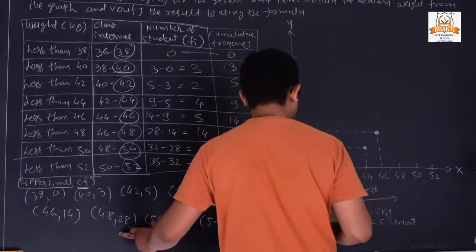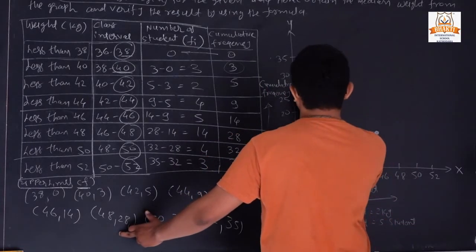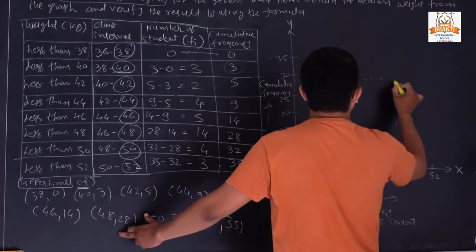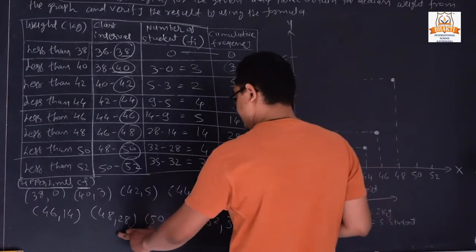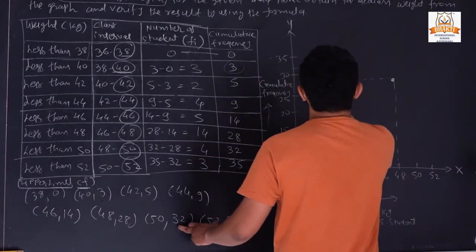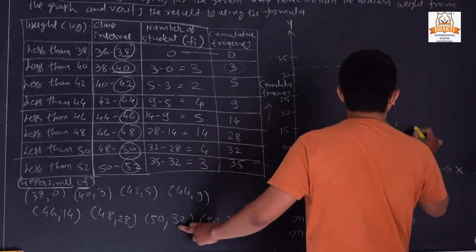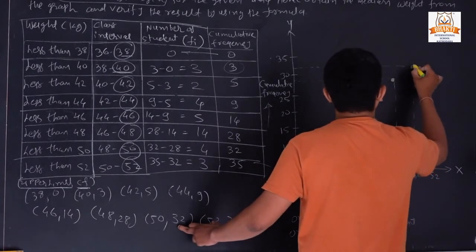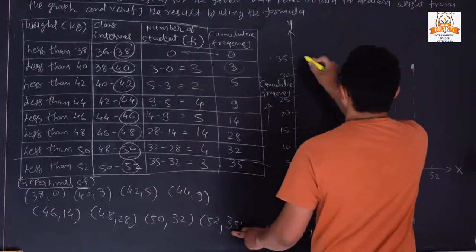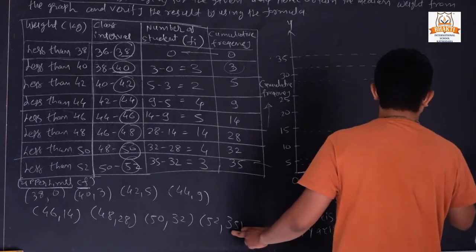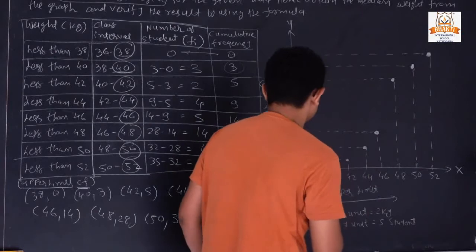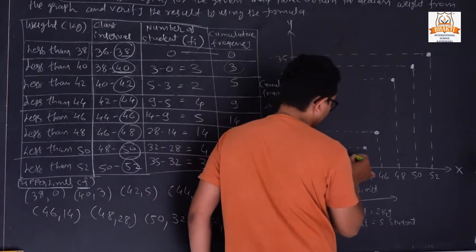Then 48, 28. Then 50, 32. And last 52, 35. So we can join all the points.